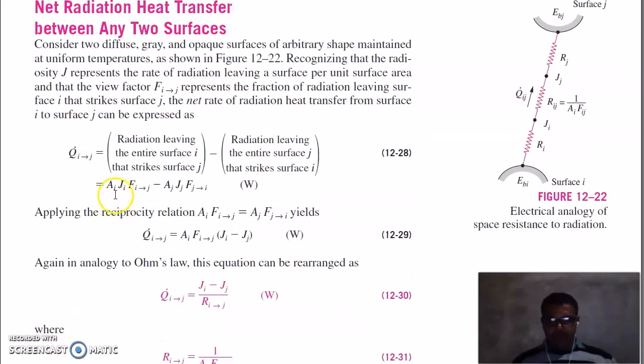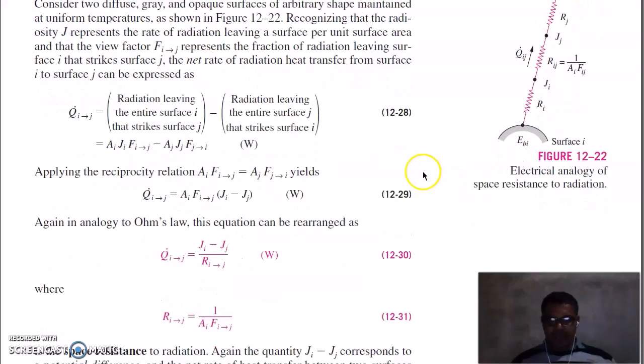So it is A_i times J_i, which is your radiation leaving surface i, F_ij is your view factor from i to j, and minus A_j, the surface area of surface j, J_j is your radiation leaving surface j, and F_ji is your view factor from j to i.